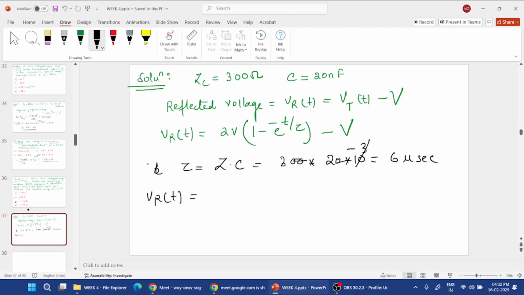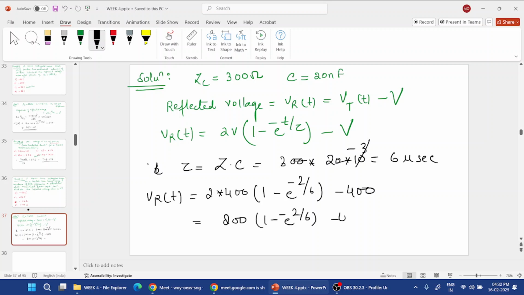So 2 into 400, 1 minus e to the power minus 2 by 6, minus 400. So 800 into 1 minus e to the power minus 2 by 6, minus 400. If we solve it, it will come out to be 173.23 kV.